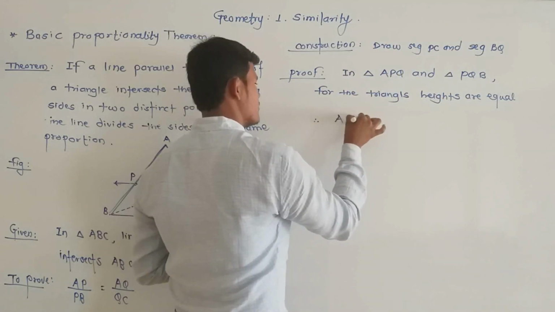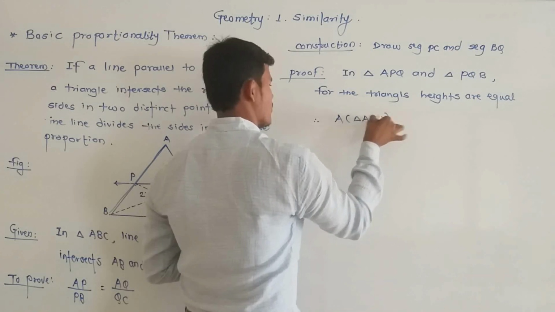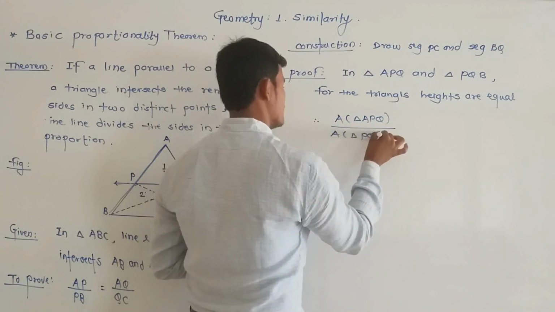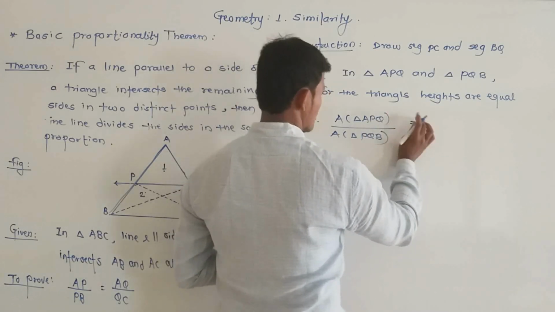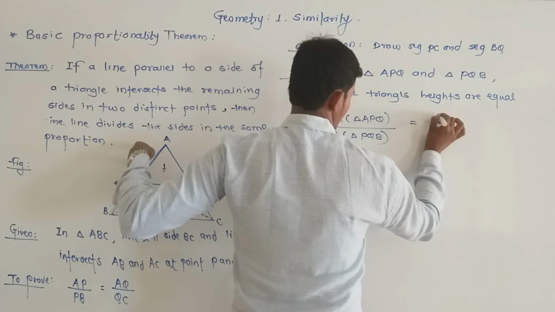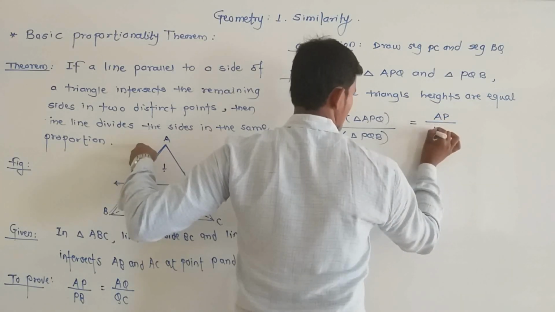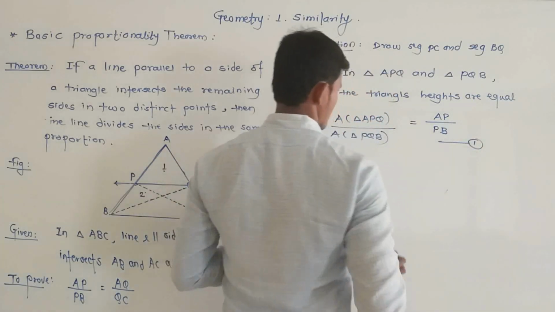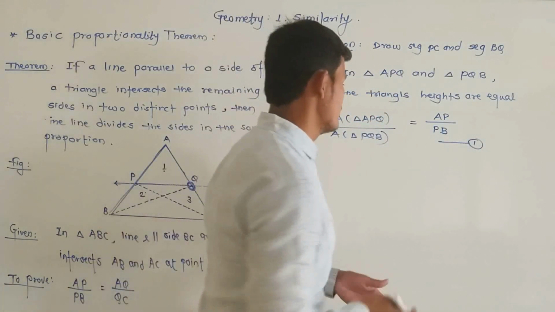So area of triangle APQ to area of triangle PQB is equal to, area is proportional to their bases. So for triangle APQ, the base is AP, and for triangle PQB, the base is AB. This is equation first. Why is area proportional to bases?